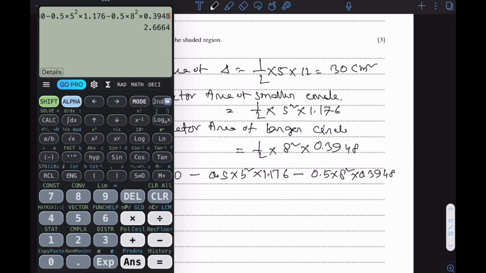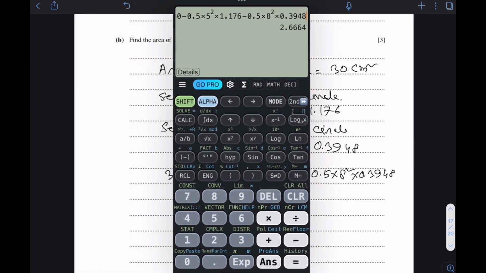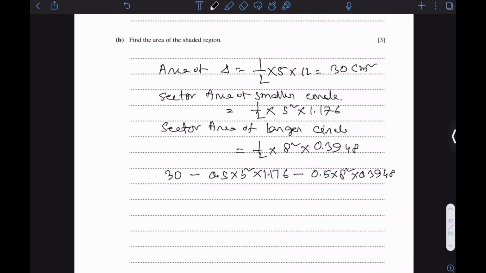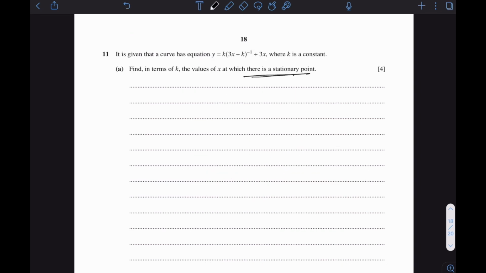Okay, so 2.67. This is the area of the shaded region.